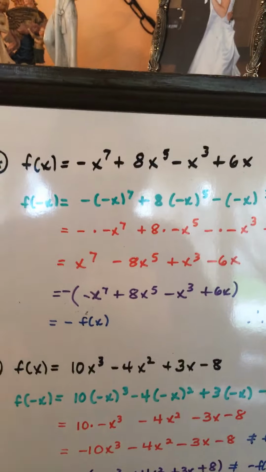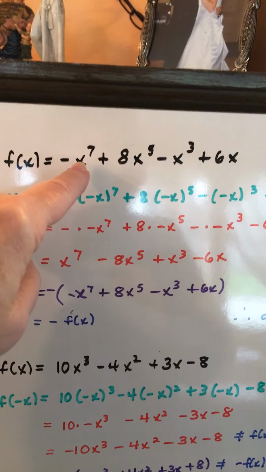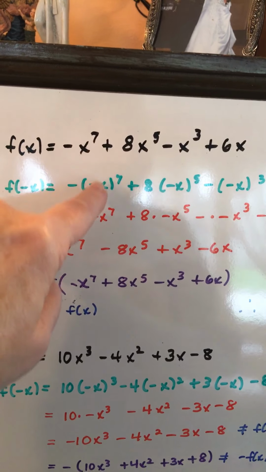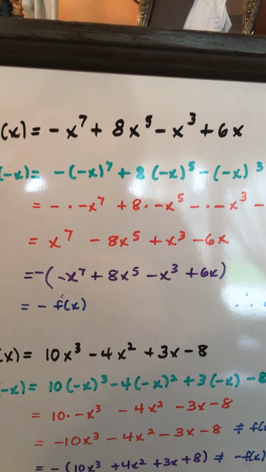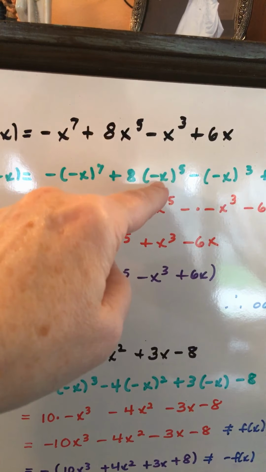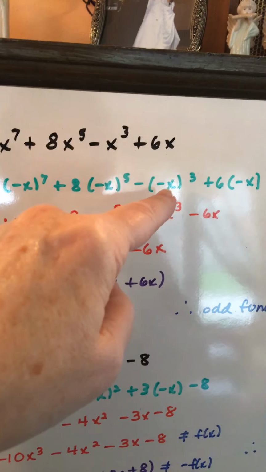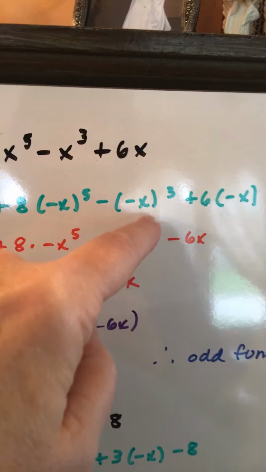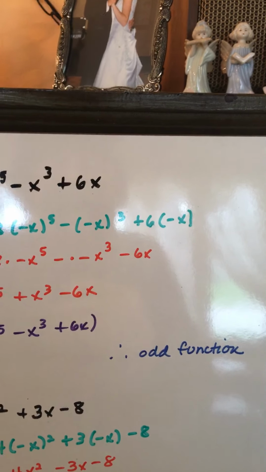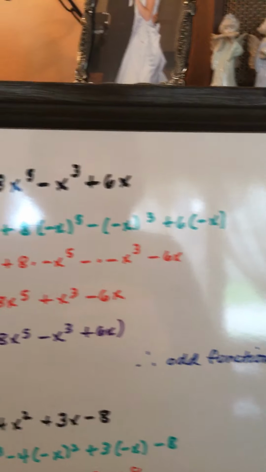Another example. Again, I'm going to insert. Instead of x to the 7th, it's the quantity negative x to the 7th. Instead of x to the 5th, it's the quantity negative x to the 5th. Instead of x to the 3rd, it's the quantity negative x to the 3rd. Instead of x, it's negative x.